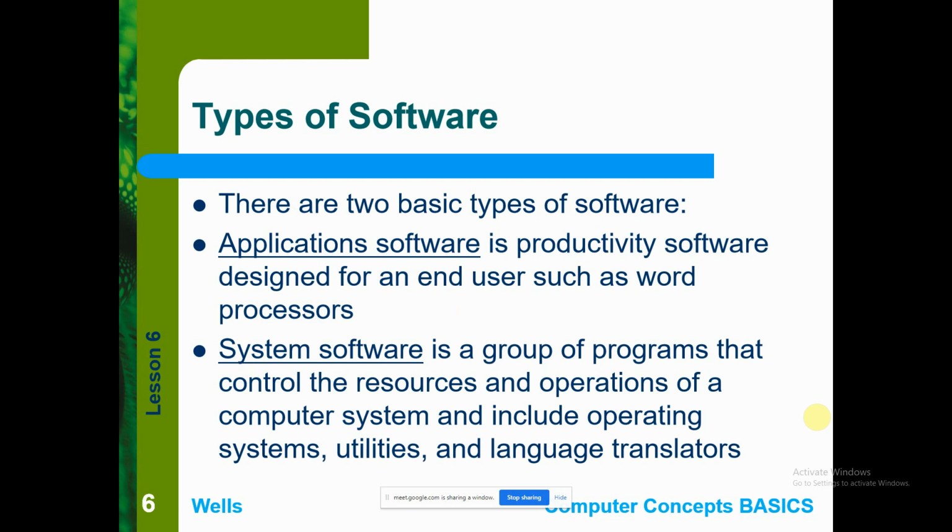So the basic types of software are your application software and system software. Application software is the productivity software designed for the end user, like the word processor.